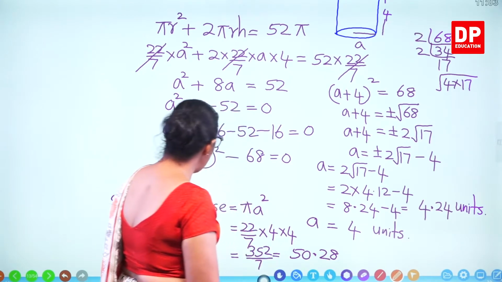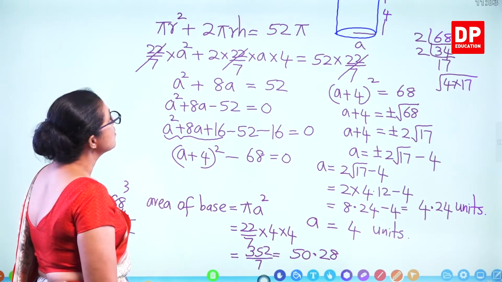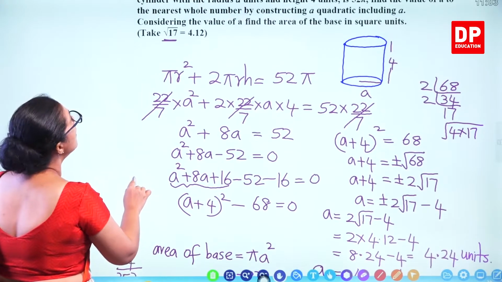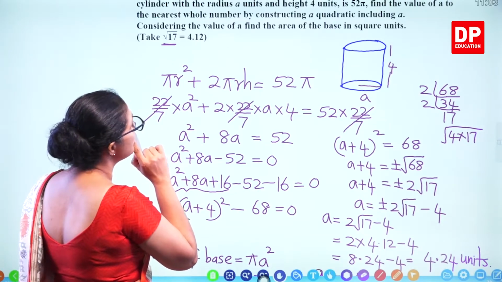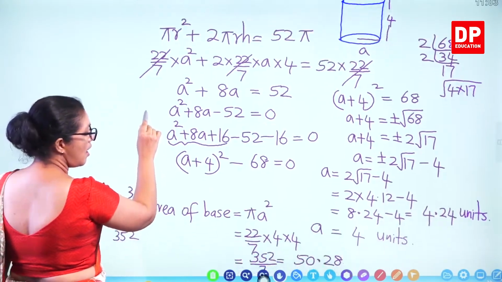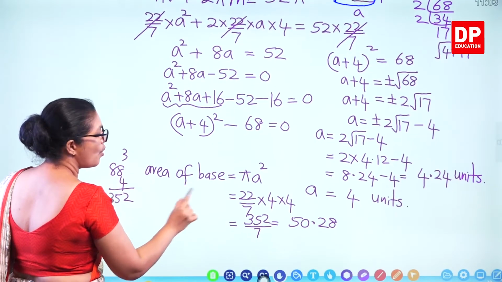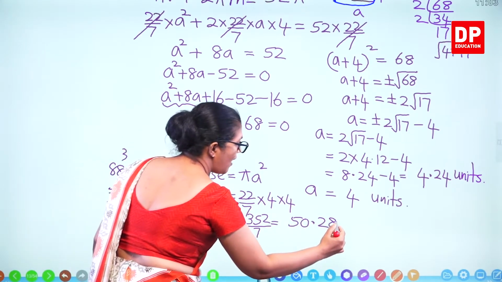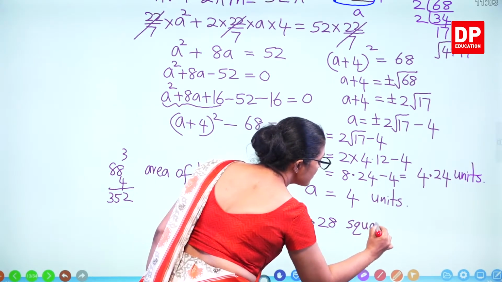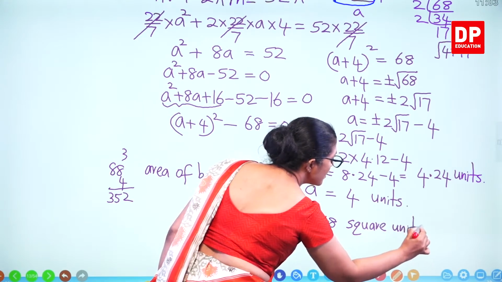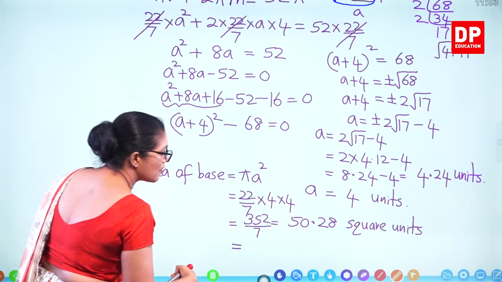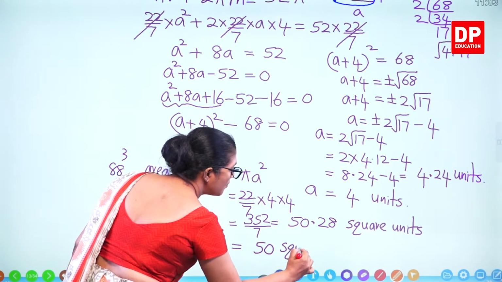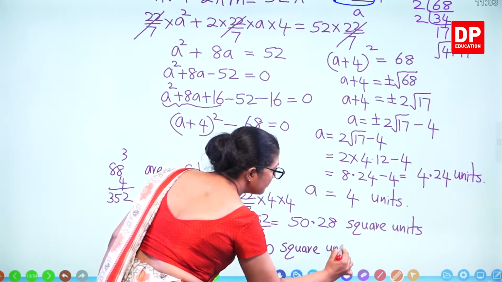So this is the area of base. This value we can round. We'll see what's given here: considering the value of A, find the area of the base in square units. It's not asked to estimate it. So we can give roughly this value in square units. You can keep the answer like this or you can round it to the nearest whole number, that's 50 square units.